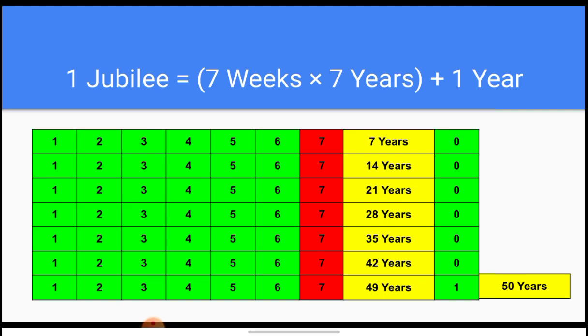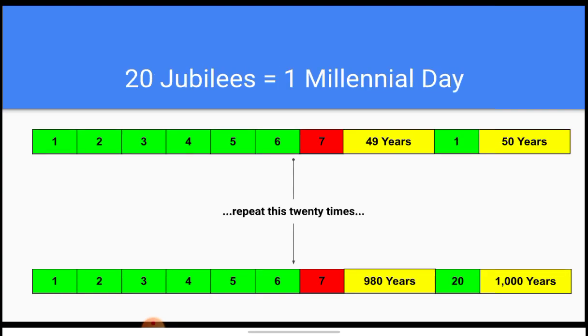So, above, we see the formula. One Jubilee is equal to 7 weeks times 7 years plus 1 year. And then below, we have the cool little graphic that shows you that very clearly. So, to calculate a millennial day, you simply take the formula for calculating a Jubilee and you repeat that process 20 times, and that'll give you 1,000 years.